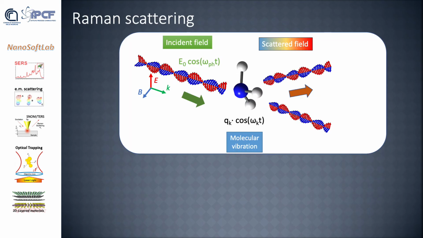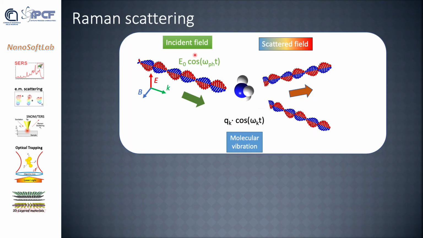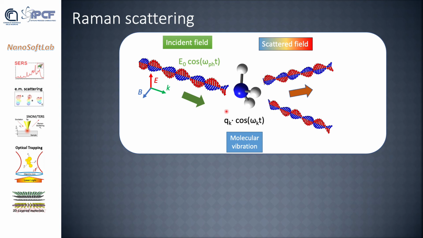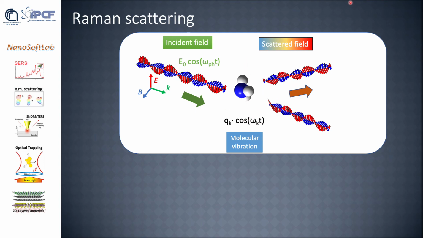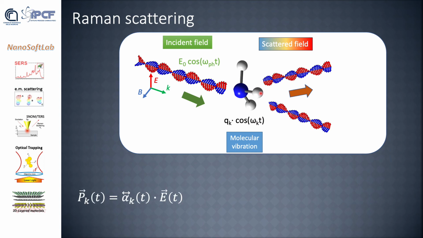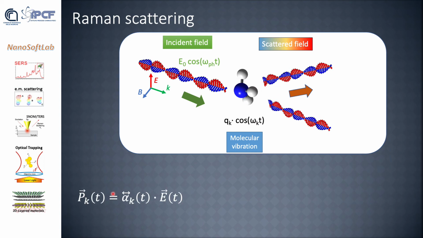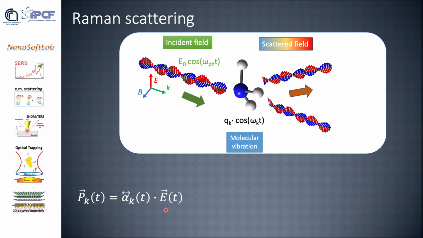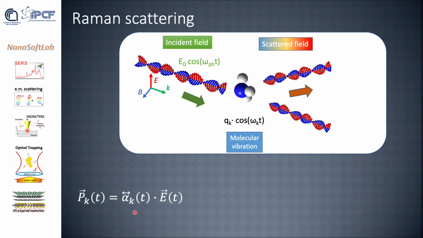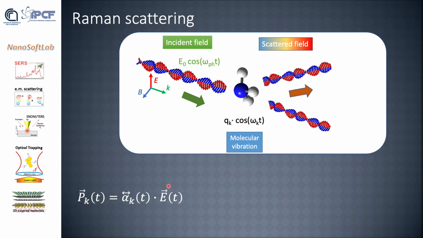Let's consider an incident field oscillating at frequency omega photon impinging on a molecule in which the nuclei are vibrating at omega k. The incident field will induce an oscillating dipole moment given by the scalar product of the polarizability tensor times the electric field.